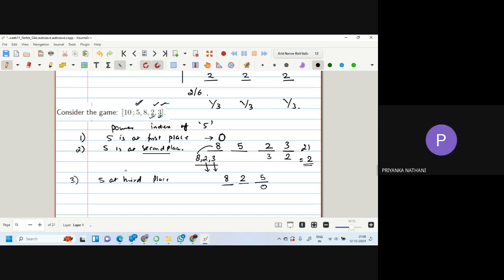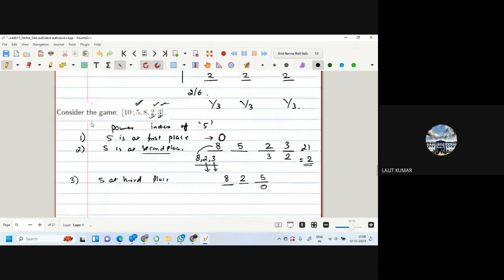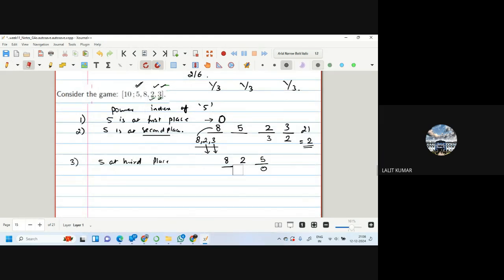We want to find his relevance. Here we saw that once you win, the third value becomes 0. Understood. So if you consider this, it means at third place he will be relevant only at occasions when 8 is here, with 2 here and 3 here. This also is 2 factorial, 2 ways.